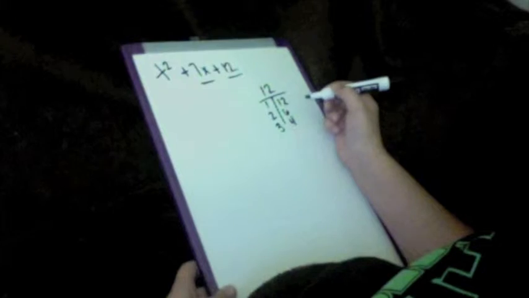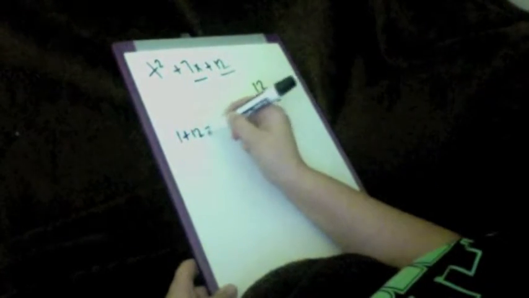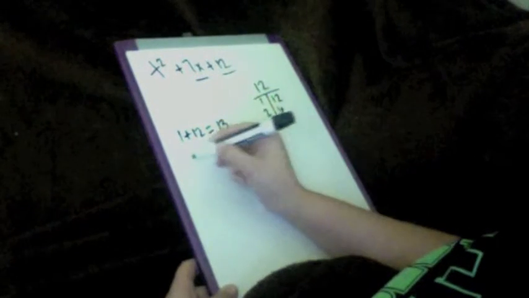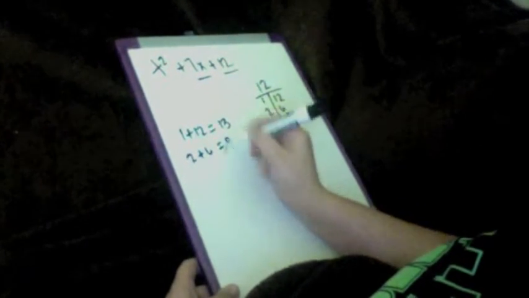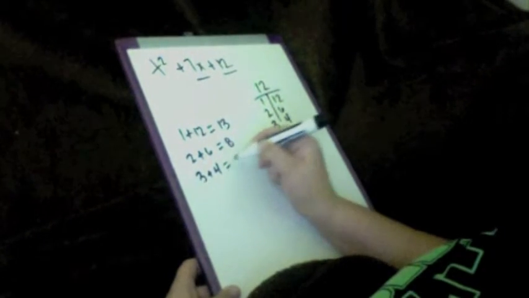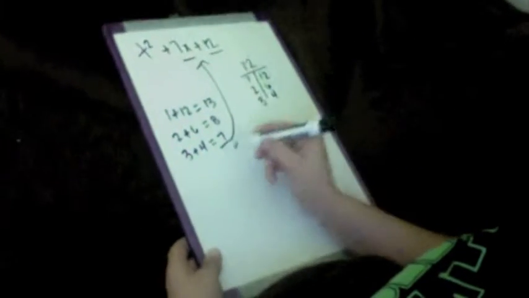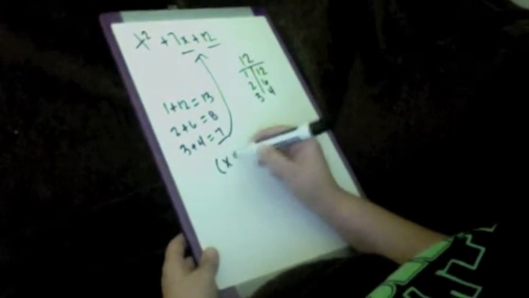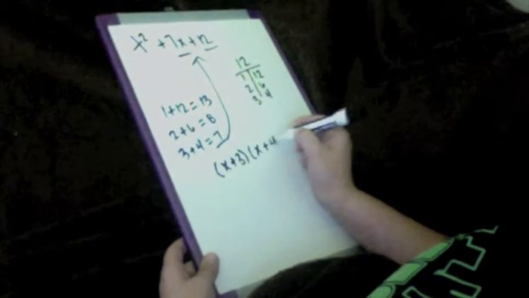Now we're going to add them together. 1 plus 12 is 13, 2 plus 6 equals 8, and 3 plus 4 equals 7. 7 is what we need. Therefore, 3 and 4 are our factors. So x plus 3 times x plus 4 is the factored form.